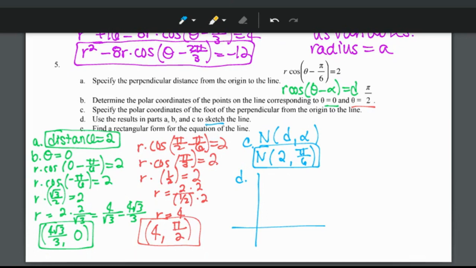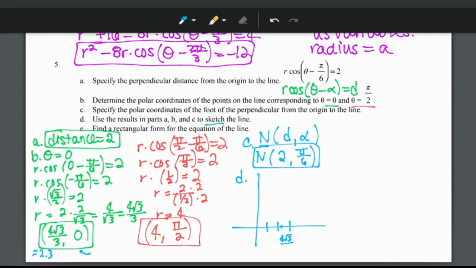And if we look at our ordered pair at 0 radians, it should be at 4 root 3 over 3. And if I get a decimal approximation for that, that's about 2.3. So on my x-axis, I should be at about 2.3. That's my x-intercept.